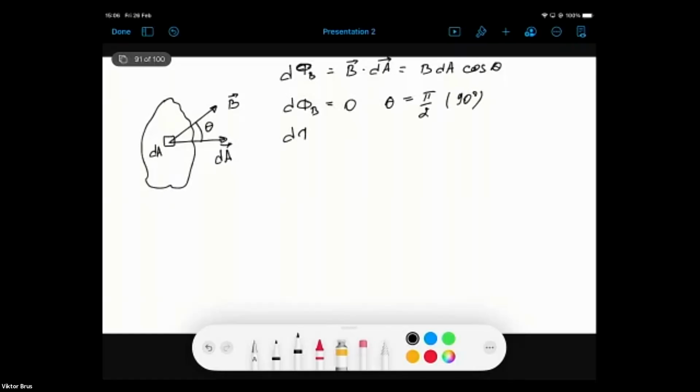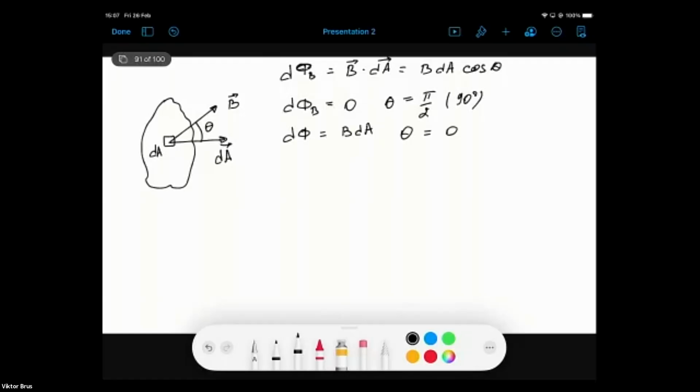Magnetic field flux reaches its maximum value, which will be the amplitude of the magnetic field vector times dA, the area of this segment, when this angle theta is equal to 0. So if these two vectors are parallel, then magnetic field flux will gain its maximum value.